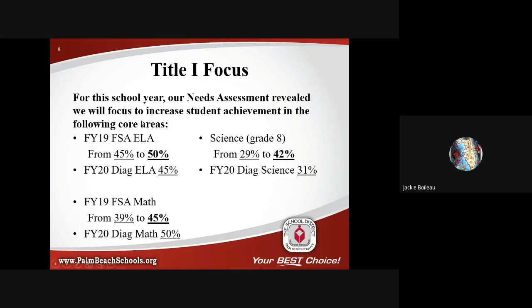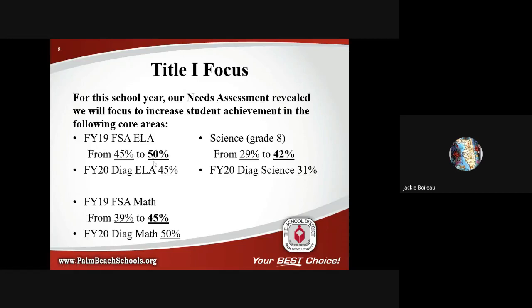So if you look here on the first set of bullets, we have the ELA, which is English Language Arts. The FSA data from school year 19 was 45% achievement in ELA, and the goal we set to improve was to get to 50%, okay?